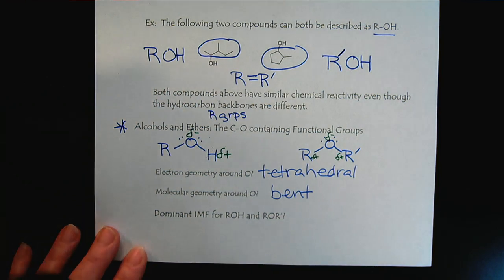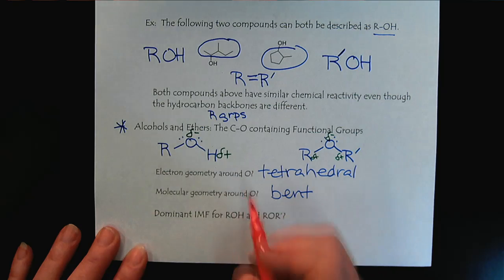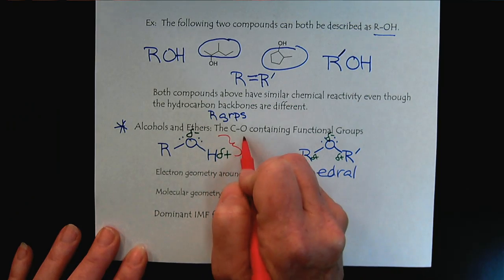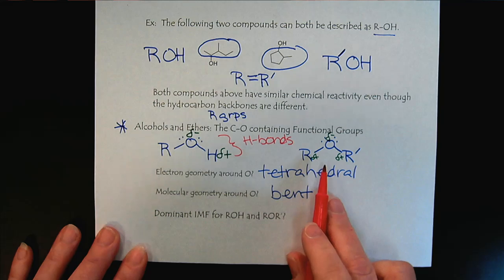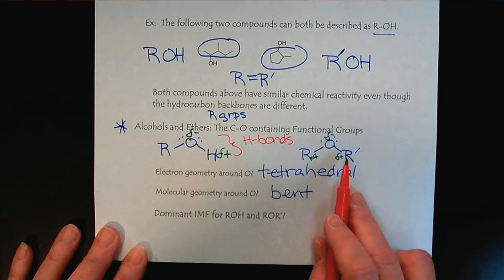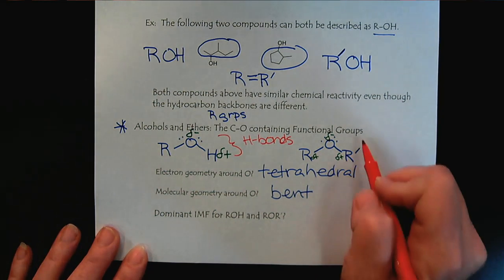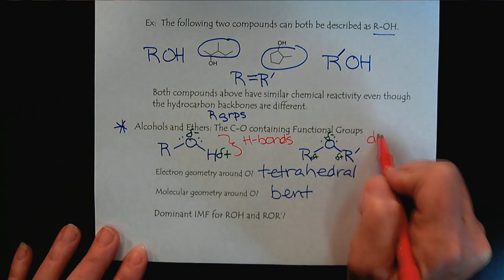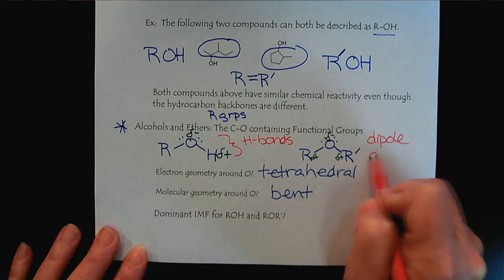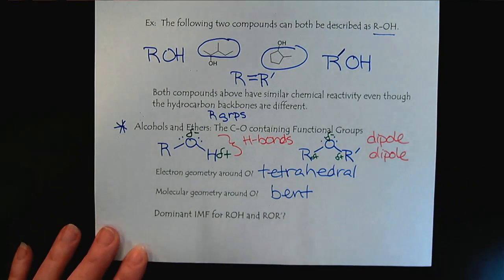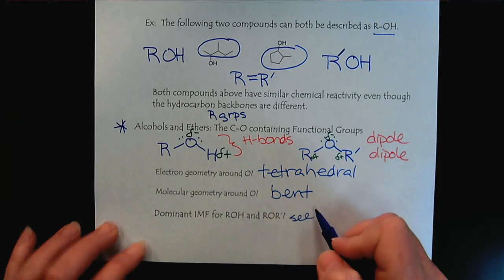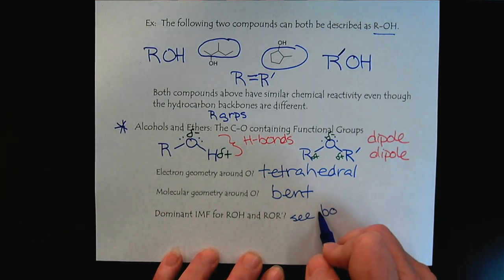So we can recognize here with alcohols that they are H bonders. However, with ethers, we have an oxygen, but it's not bonded to hydrogen. So with ethers, dipole-dipole would be the dominant intermolecular force. So we'll just say C above.